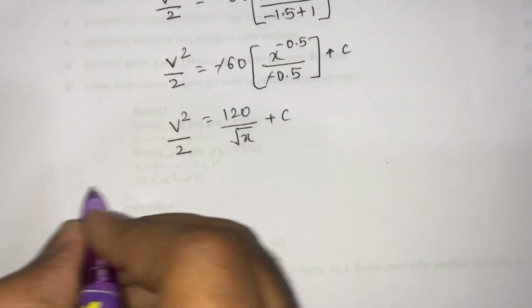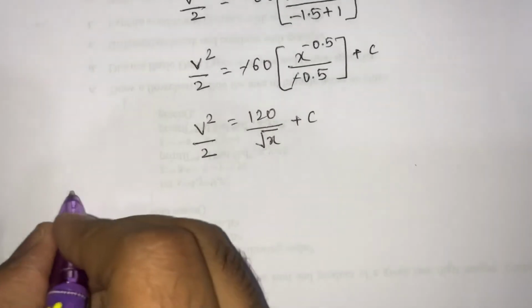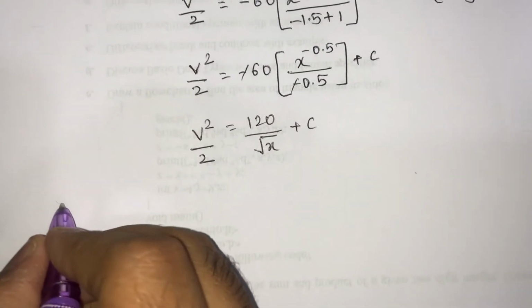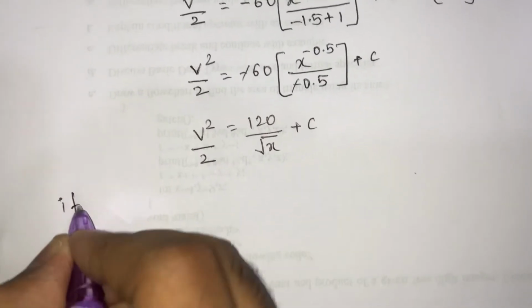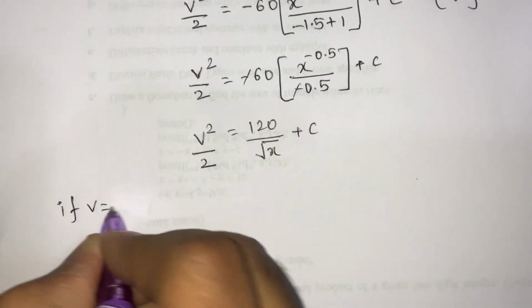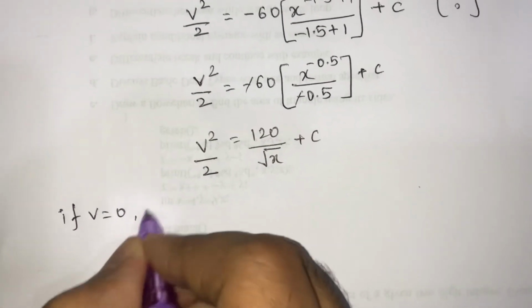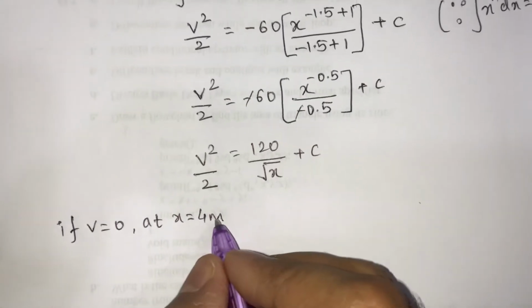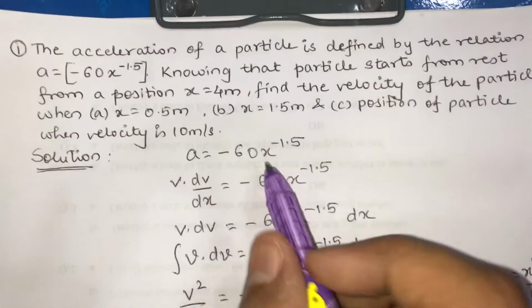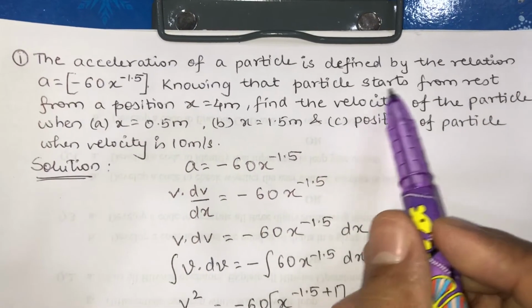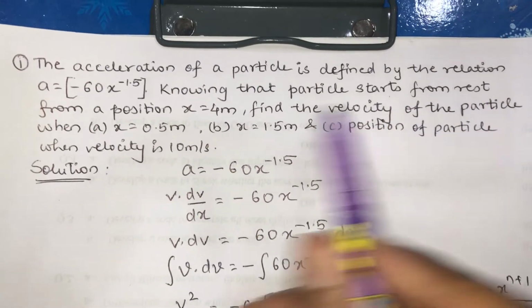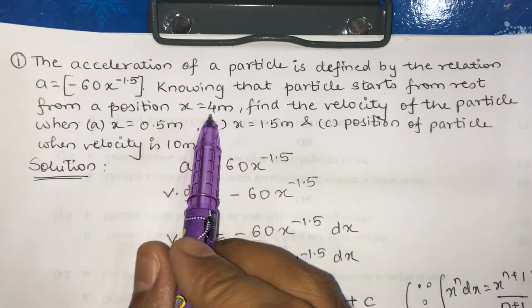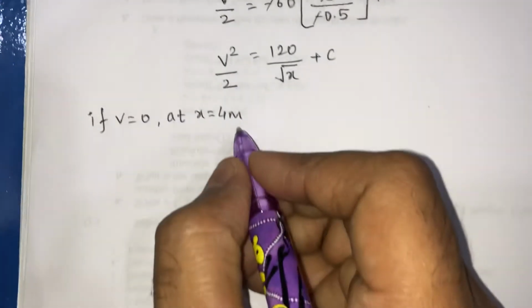Now to find the value of c, we'll put in the case. What is the case? v equals 0 at x equals 4 meters. When you see the question, it is mentioned that the particle starts from rest from position x equals 4 meters, and that is the condition we are applying here.